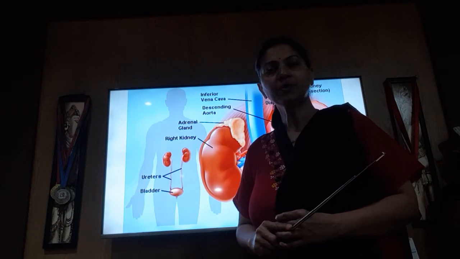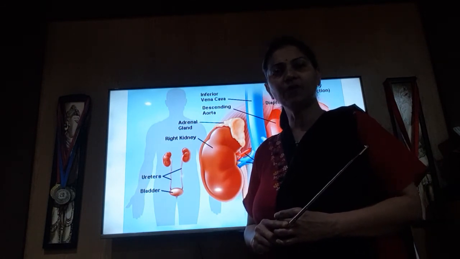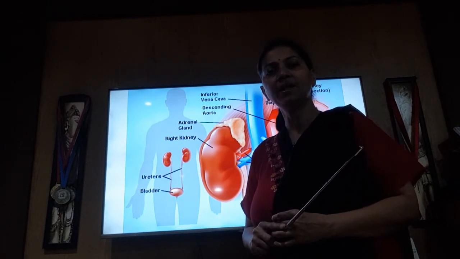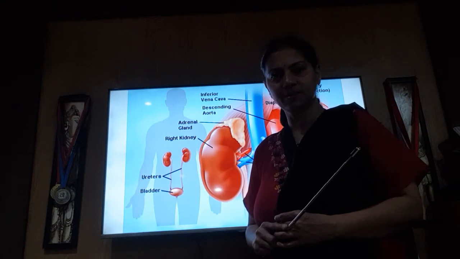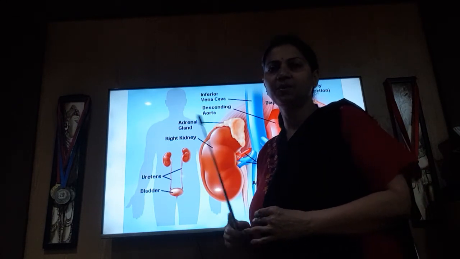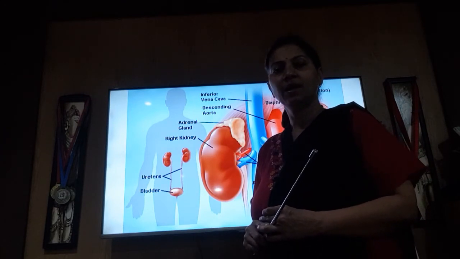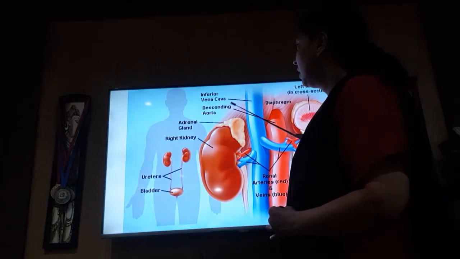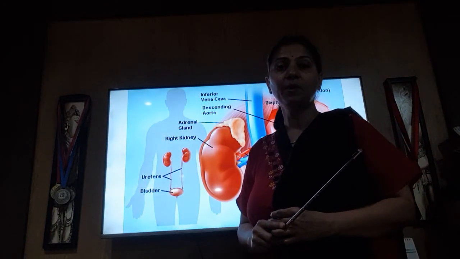But now the new concept is that the perirenal fascia has got a laminar nature. That means it has got many layers, and in between is present the kidney. And one more change is there, that superiorly they are not fusing. That means the superior pole is open.